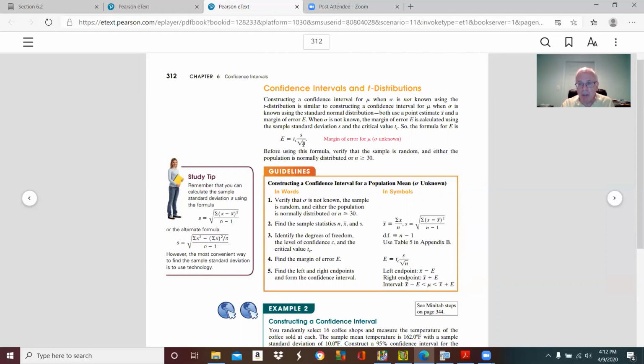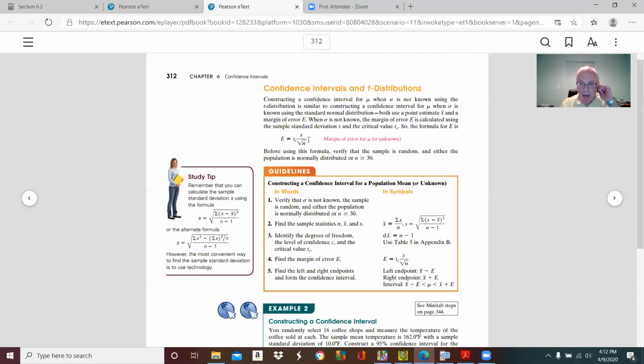But if sigma is unknown, if the population standard deviation is unknown, we have to estimate it. And how do we estimate it? With a sample standard deviation. In other words, the standard deviation of those people in the sample we've selected, S, is what we use to replace sigma, the unknown population standard deviation.